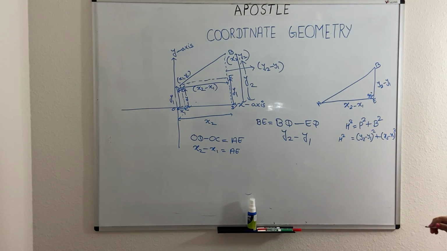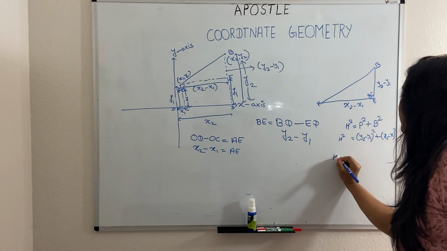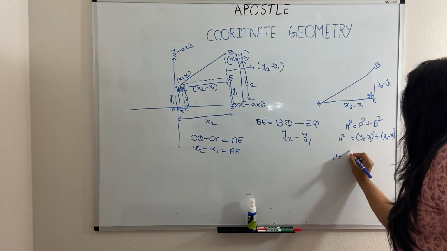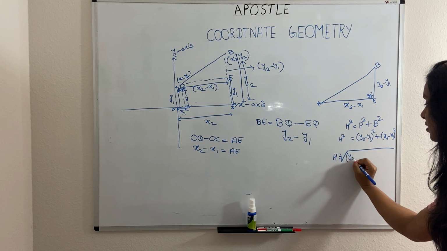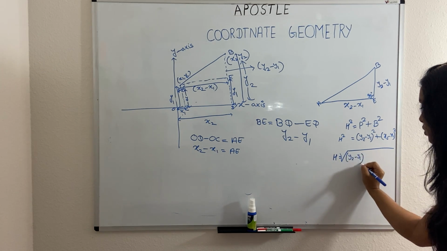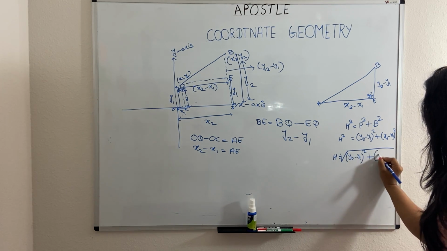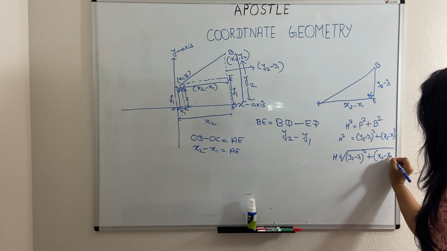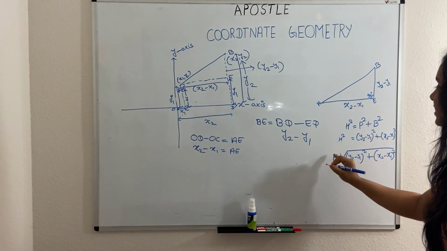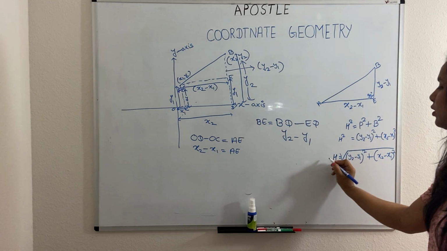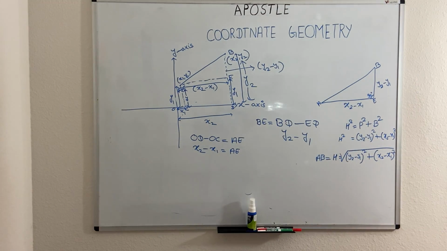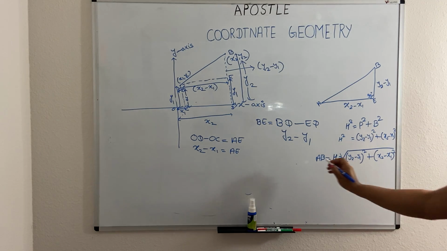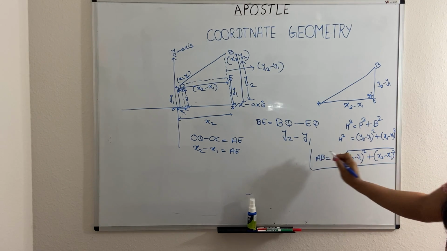So the final formula for distance between two points is h equals the square root of (y2 minus y1) whole square plus (x2 minus x1) whole square. And what is this h? h is the hypotenuse, which is equal to AB, and that we call the distance between two points. This is a really very important formula. You have to learn it.